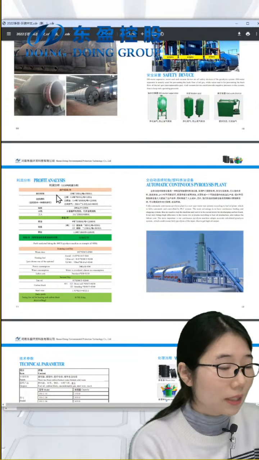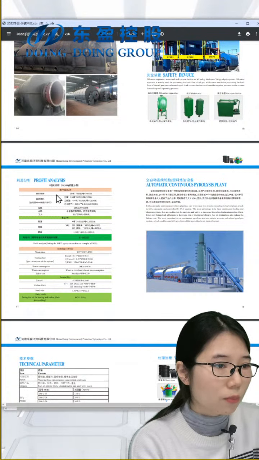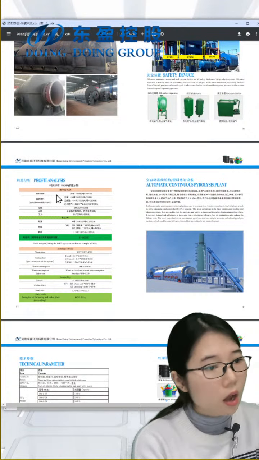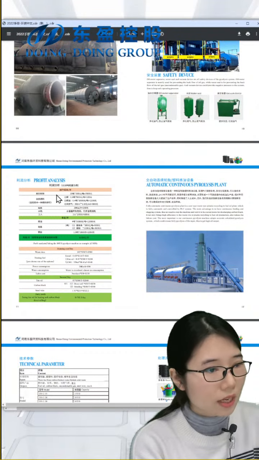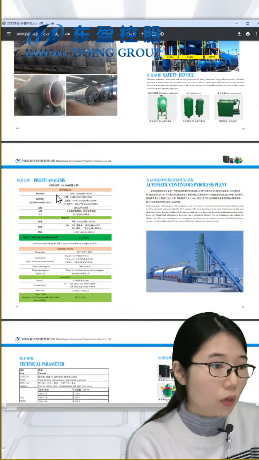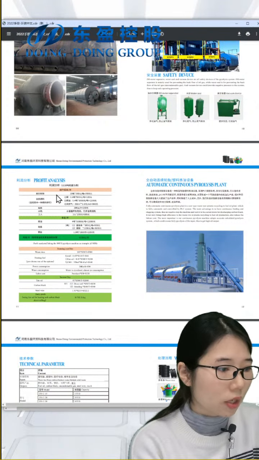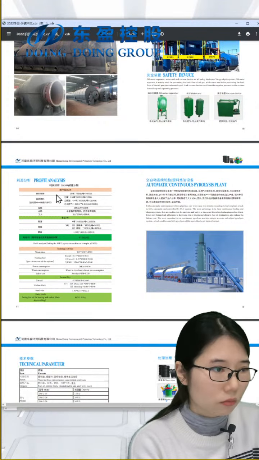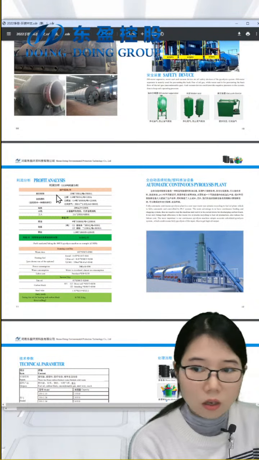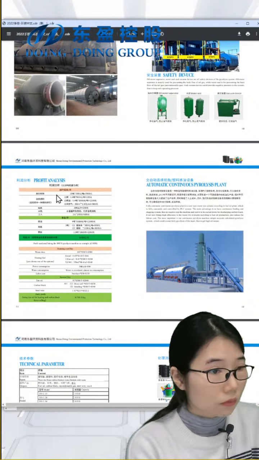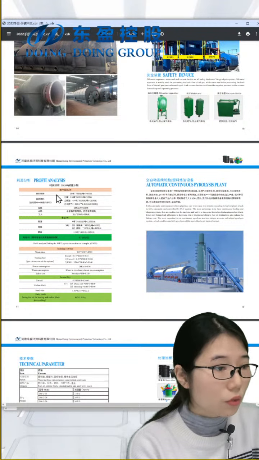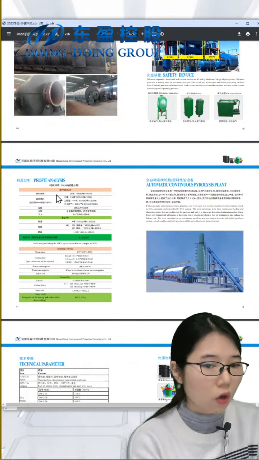And it will also need electricity. It will be 20 kilowatts per hour, so it will cost you 200 Chinese yuan per day. And for the water, it is circulating, so it is almost no need. And also you need 2 to 3 workers for the whole plant, for control of the whole plant.